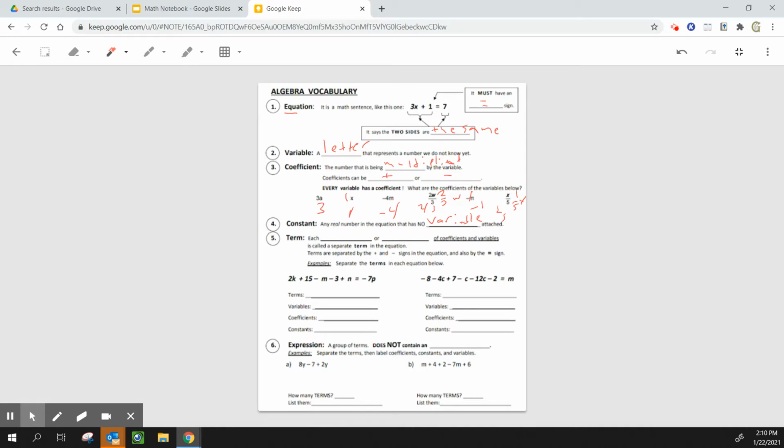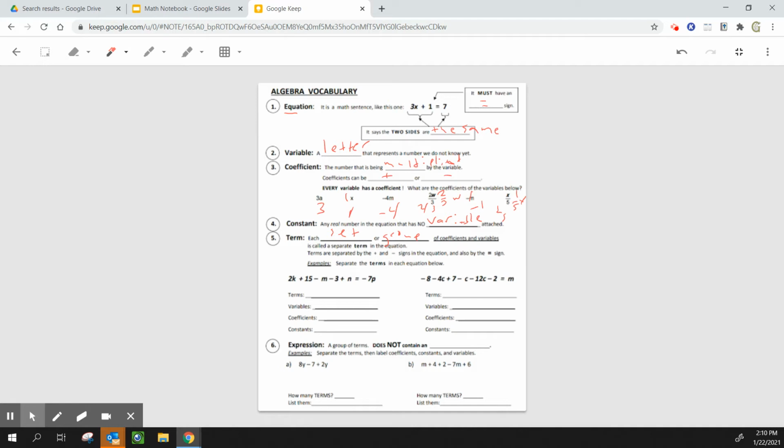A term is each set or group of coefficients and variables. And we see them separated by the plus and minus signs or equal signs in the problem.